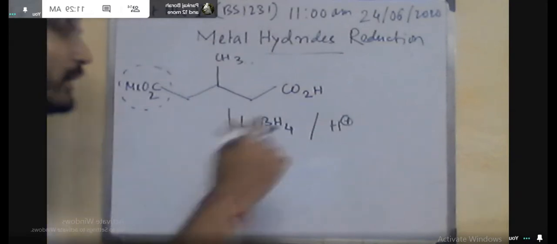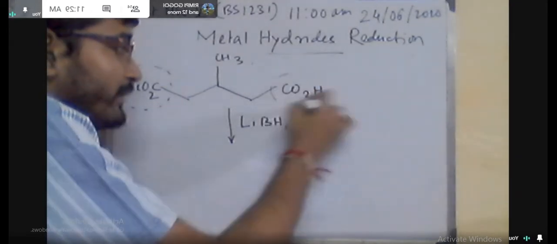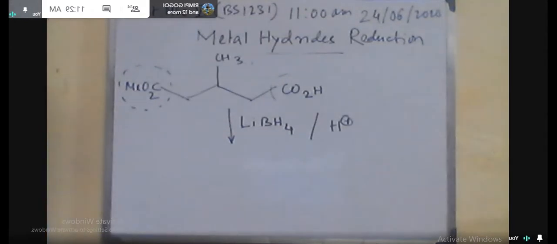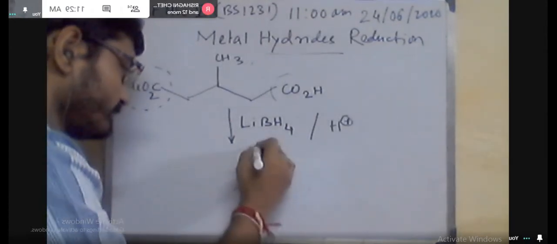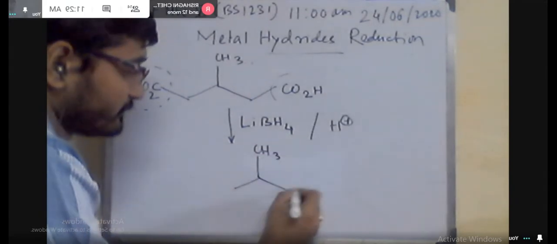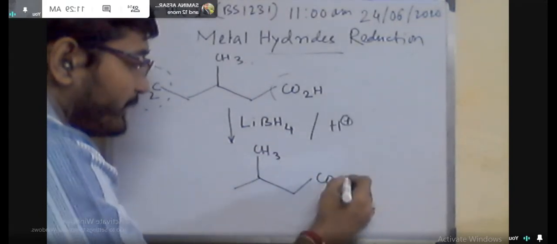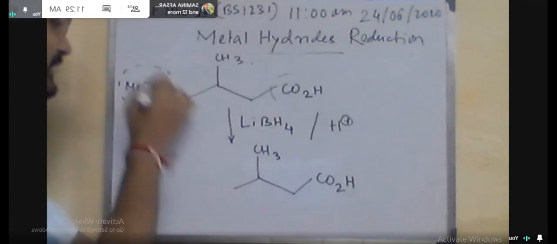Okay. So now if I want to show the mechanism step by step, say this is R, C double bond O, OR prime, and here I am using, say, lithium borohydride.